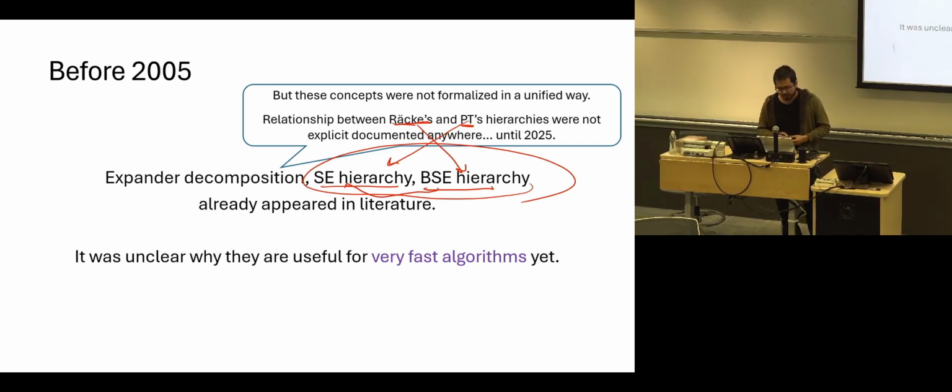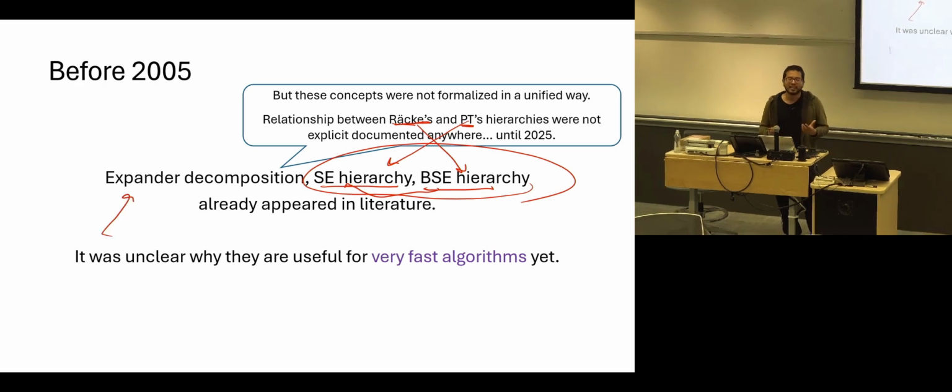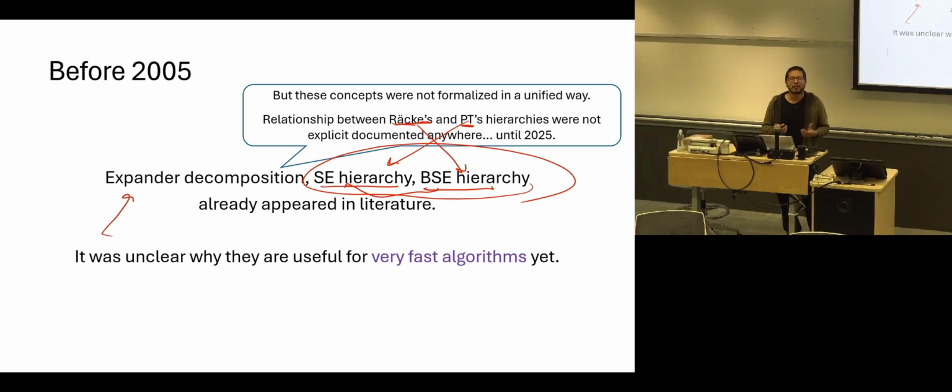So it looks like these objects are useful for slow algorithms, when you care about the graph and you can spend a lot of time. But that changed after 2005. After that, something changed.